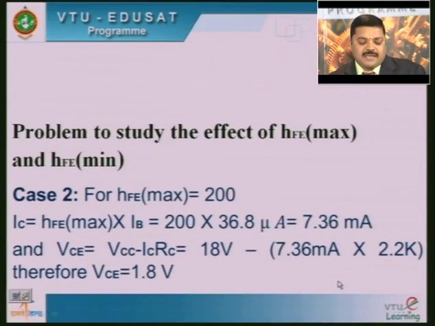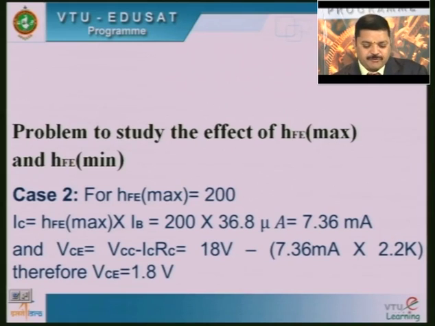Next, case 2. What is case 2? We consider beta as the maximum value now. For HFE max equal to 200, we need to again find IC and VCE values, so that we can compare the operating point when beta is 50 and when beta is 200. That is the study of the effect of HFE max and HFE min.